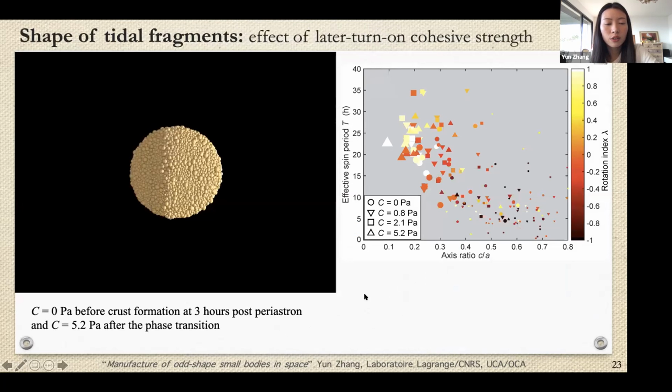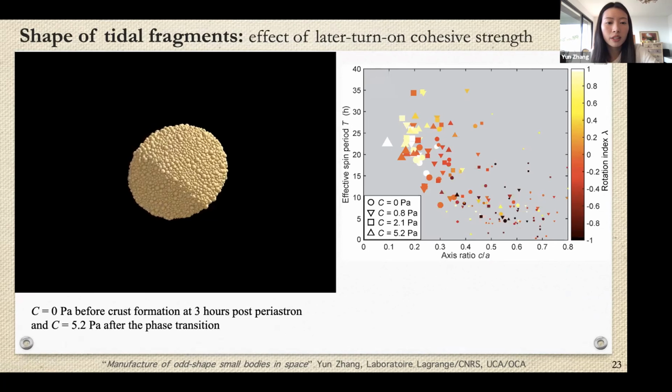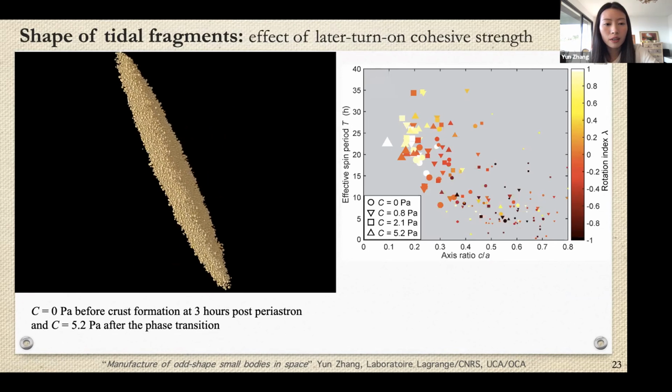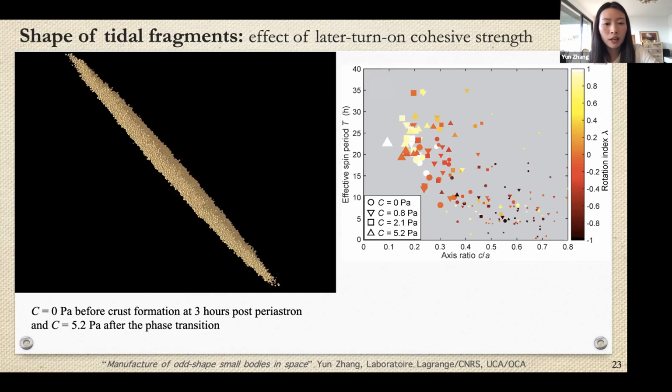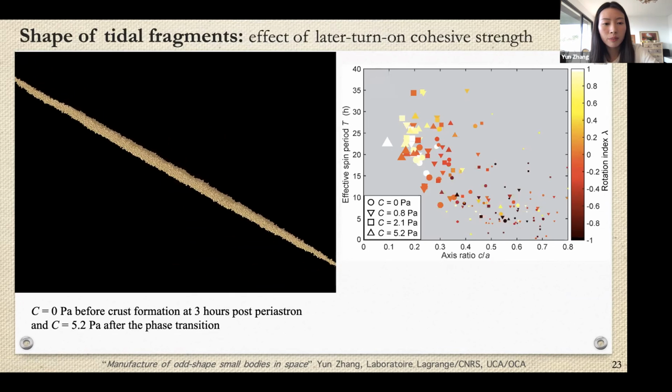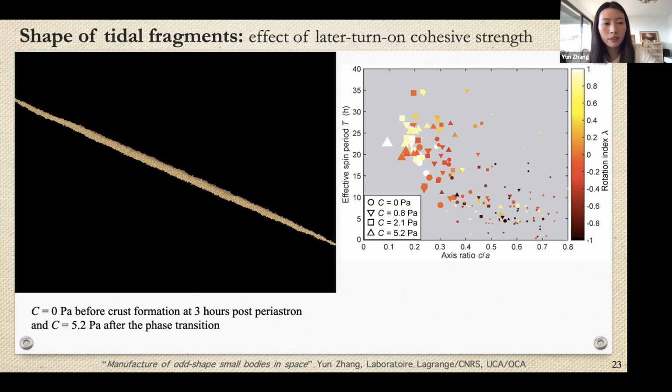So we use simulations to explore this possibility. We perform this kind of simulation. The parent body is cohesionless in the beginning, and some cohesion is added to its material 3 hours after perihelion.